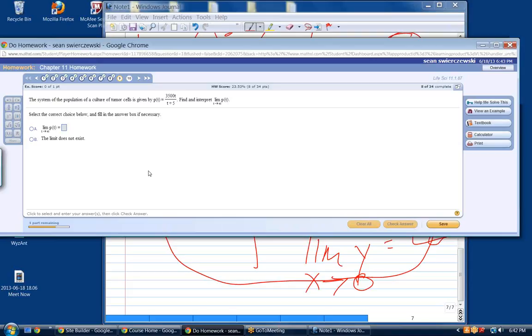But notice that t is just a variable, just like x was in the last problem. What is our highest degree variable in the numerator? T. What is it in the denominator? T. What's the ratio of their coefficients? 3,500 over 5. 3,500 over 1. So it'd just be 3,500.